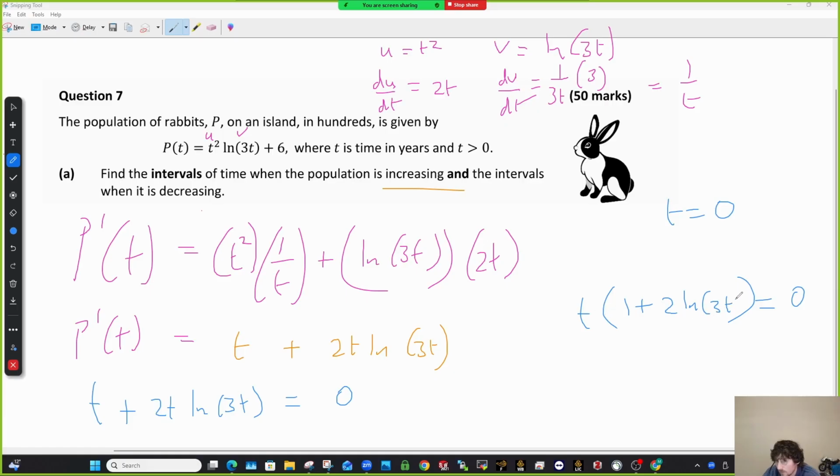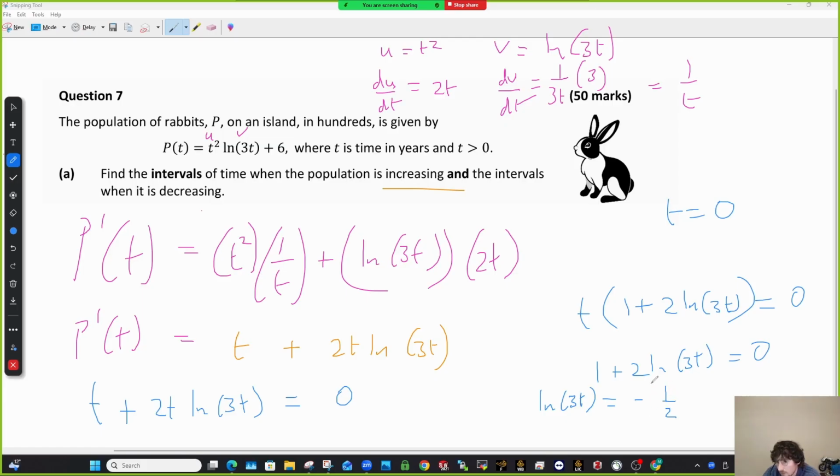So the other option for this being 0 is the bracket in here. So we get 1 plus 2 ln 3t equals 0. So what we do then is we bring the 1 over, divide by 2. So we then get ln 3t equals minus 1 over 2. And then we should know how to reverse out of a log. This has base of e, and then this is the power.